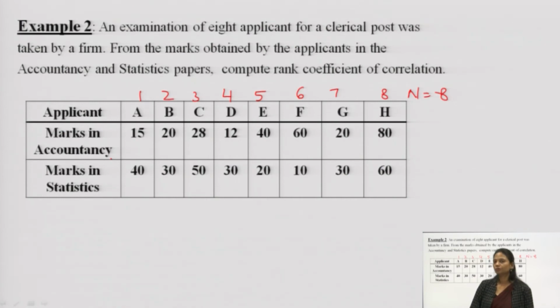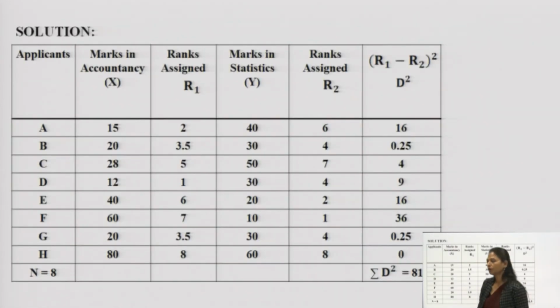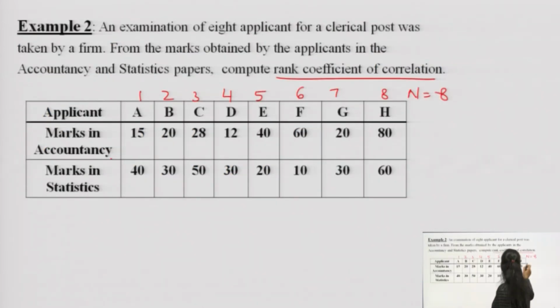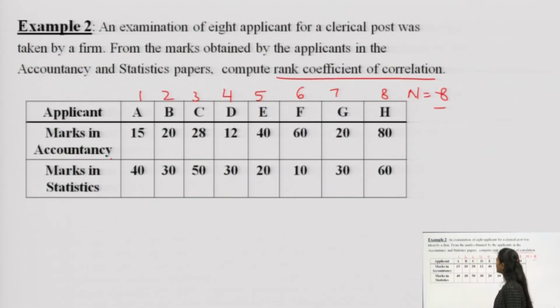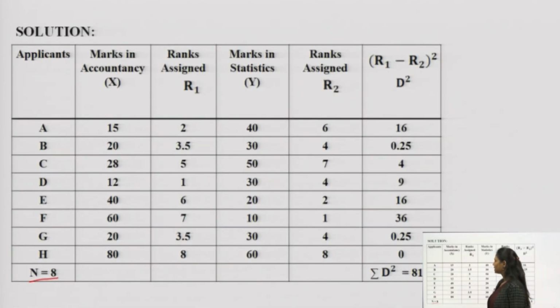Now, we are supposed to find the rank coefficient of correlation. How? We are supposed to find the ranks first. These are the applicants, n equal to 8. Marks in accountancy are computed as the x variable and marks in statistics as the y variable; I have just copied them here.